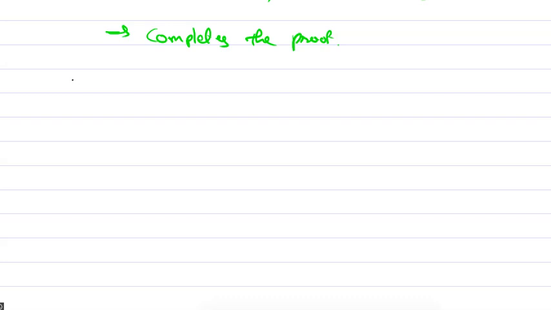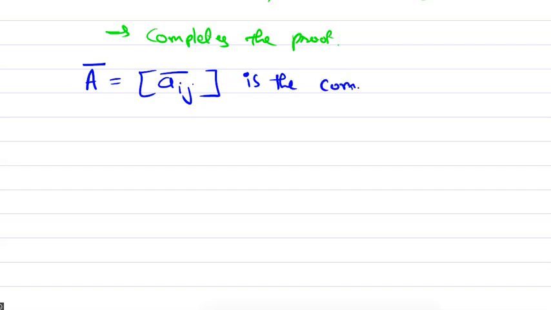If matrix A is a complex matrix, then A conjugate is nothing but the conjugate of each and every entry. It is the conjugate matrix of A, and it will be the same M cross N matrix, where A is an M cross N matrix.